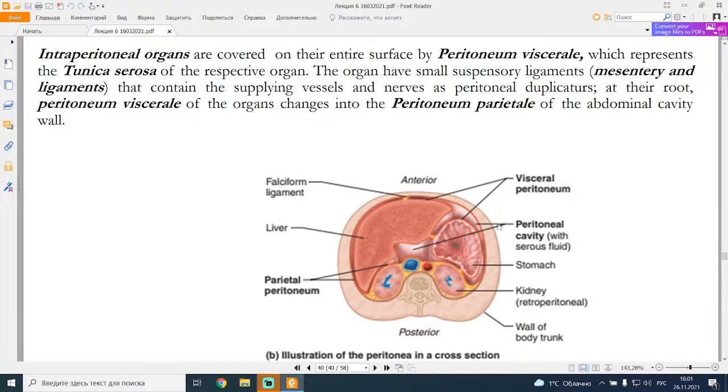The organs have small suspensory ligaments, mesentery and ligaments, that contain the supplying vessels and nerves as peritoneal duplicatures. At the root, peritoneum viscerale of the organ changes into the peritoneum parietale of the abdominal cavity wall.